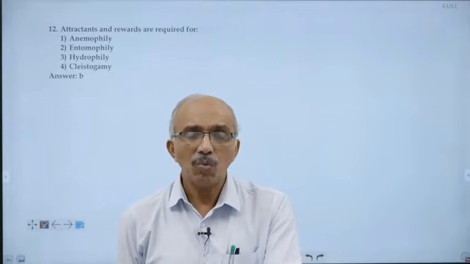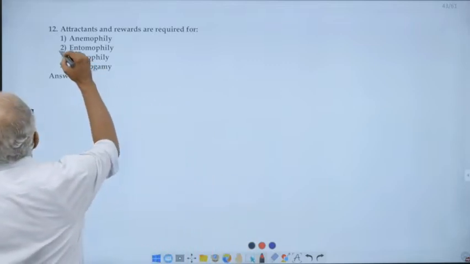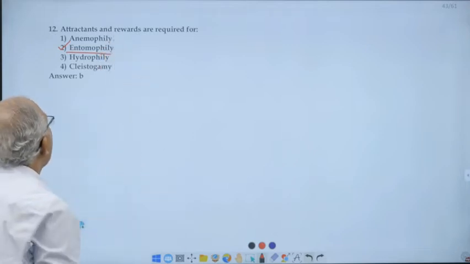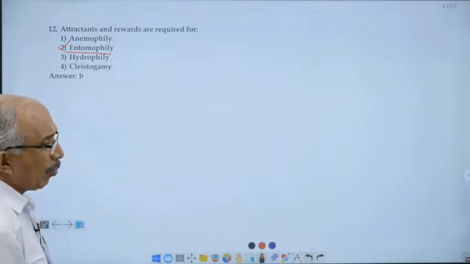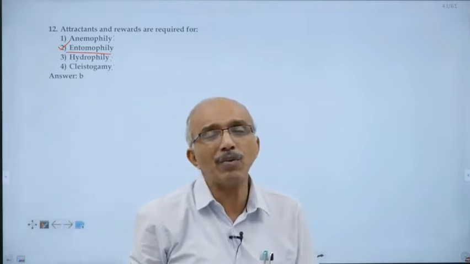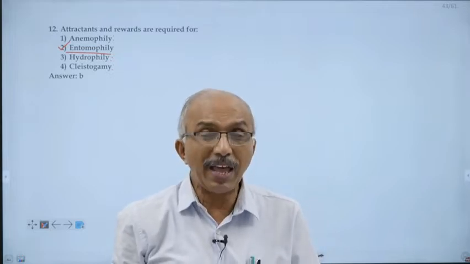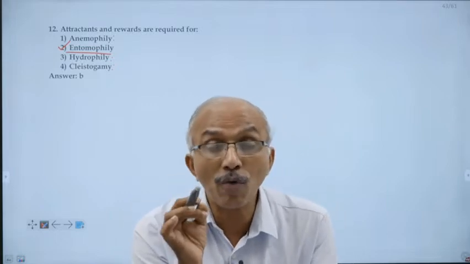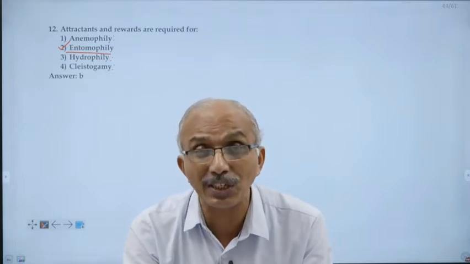This is meant for pollinating insects. What term do we use for insect pollination? That is entomophily. Anemophily is wind pollination. Hydrophily is water pollination. Cleistogamy means unopened flowers; the flower never opens. Cleistogamous flowers do not require pollinating agents.